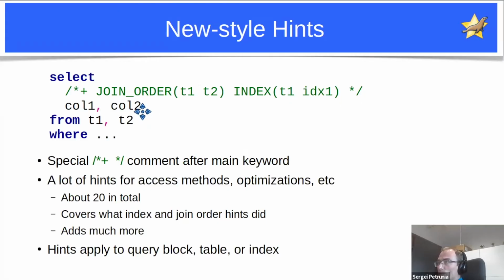There are many more hints than just index or join order, about 20 in total. They cover what old style hints did and much more. And they can apply individually to a certain query block, a certain table or a certain index.